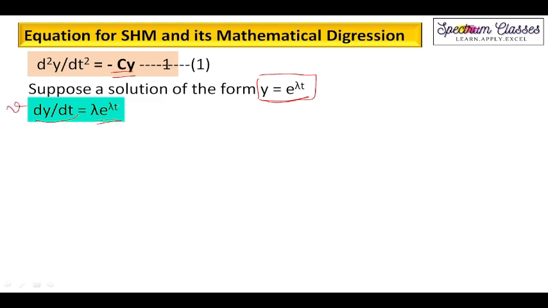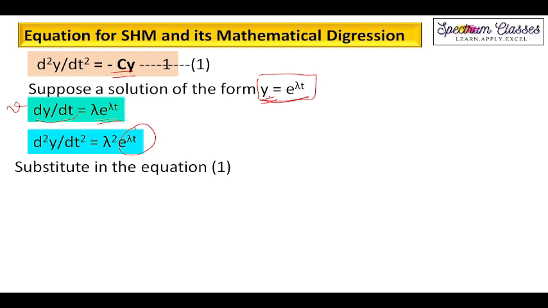Lambda is the multiple of t, so it will come outside. Now I'm going to differentiate it again. On double differentiation I will get lambda square e power lambda t. Fine. So here I am going to put this in equation number 1: d2y upon dt square as lambda square e power lambda t is equal to minus cy.